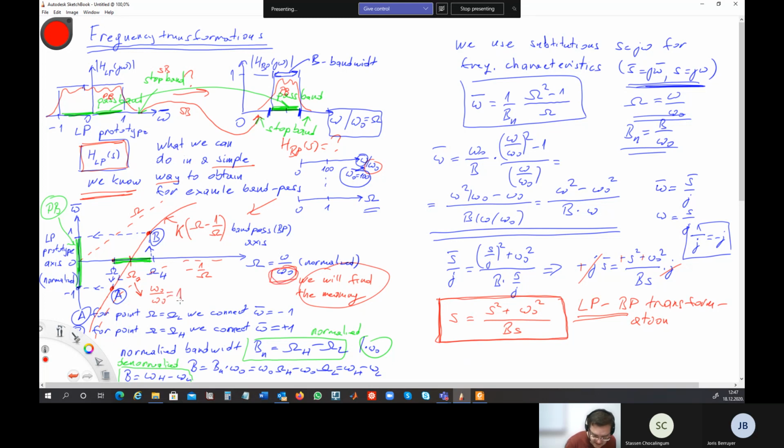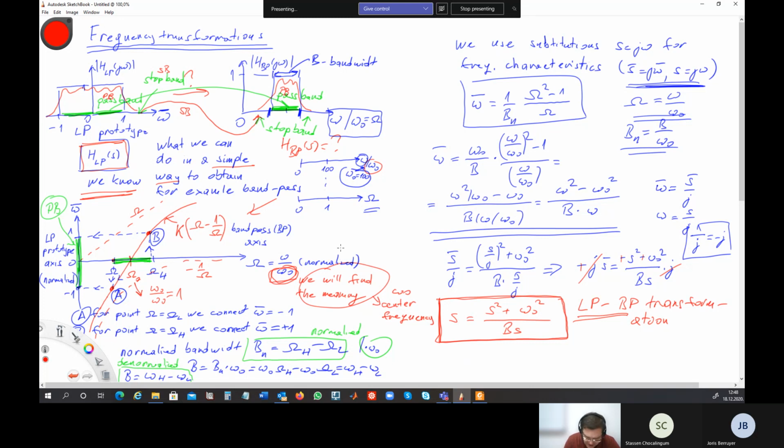But then it is unity here. But the meaning of omega 0, this is center frequency. So in the beginning, we divided the axis of our goal function, and then we have found that this is omega 0, the center frequency.